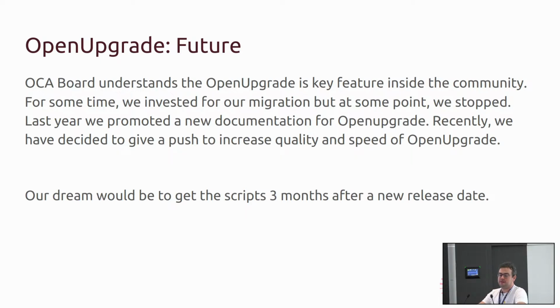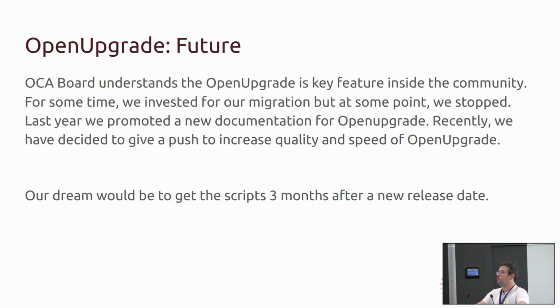So what about the future? Well, as we discussed at the General Assembly, the OCA board understands that this tool is really needed for everyone. So some time ago, we invested in migration. For example, OCA gave some budget to some teams to make the migration.